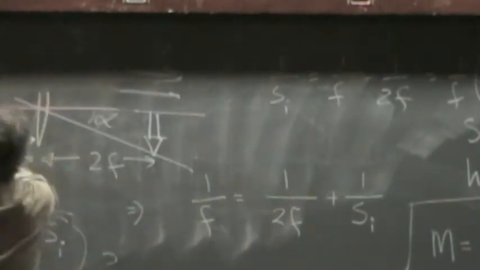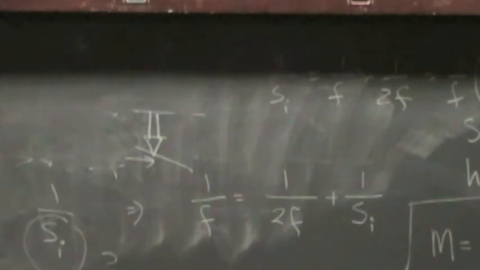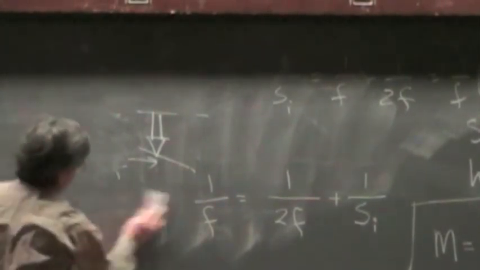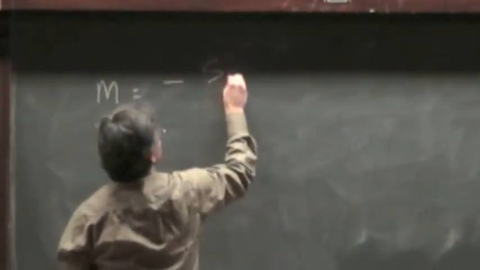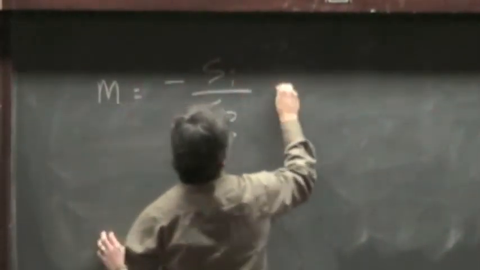How big is that image compared to the object? How much bigger? Factor of 2, right? The magnification will be minus SI divided by SO.